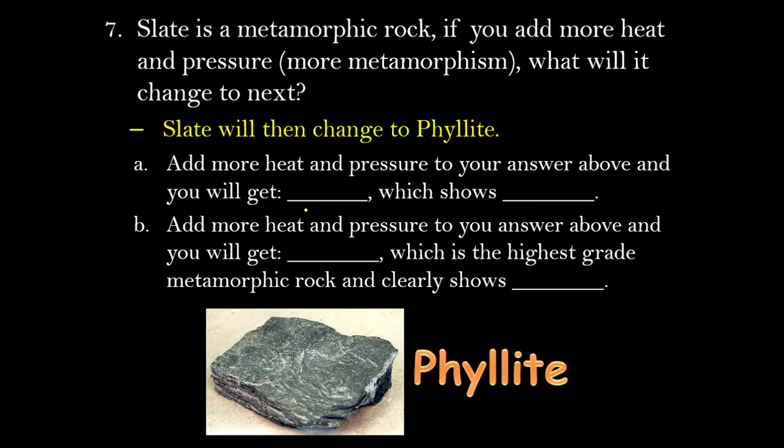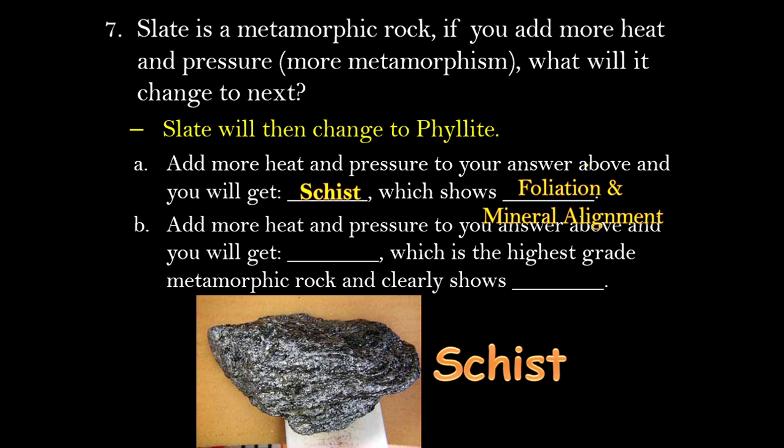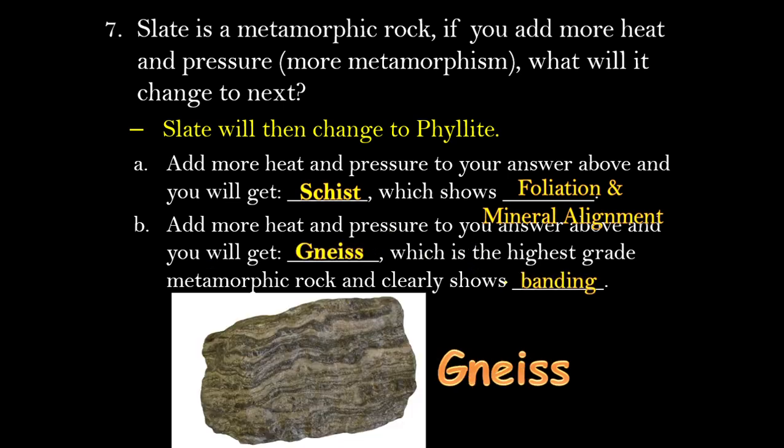This is what phyllite looks like. If we add more heat and pressure, we're just going to follow our way down the chart. Phyllite becomes your piece of schist, foliation and mineral alignment, and this is schist. Then if you add the most heat and pressure, you're going to get gneiss, which shows very clear bands. And you can see the tiger stripes in this.